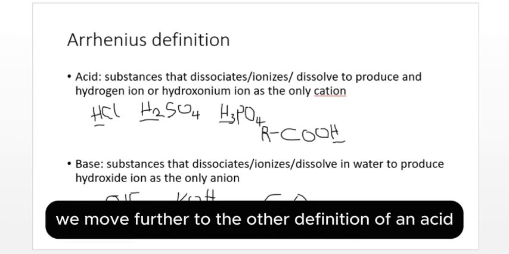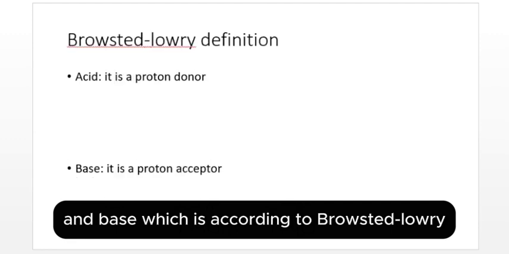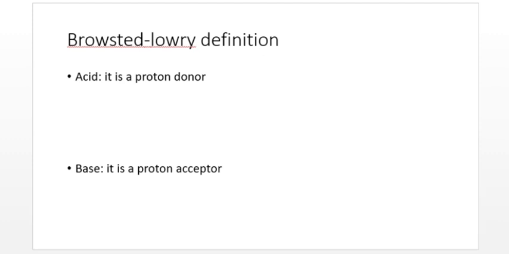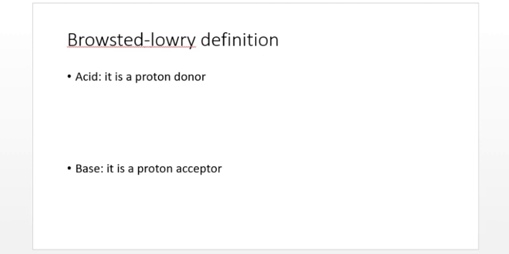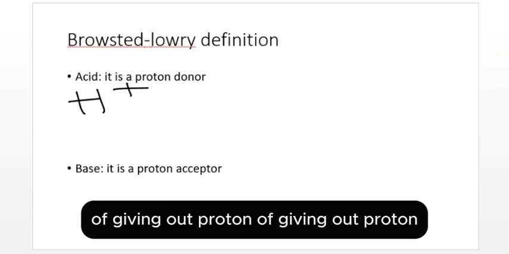Now we move further to the other definition of an acid and base, which is according to Bronsted-Lowry. Bronsted-Lowry defines an acid simply as a proton donor. That is to say, an acid is any substance that has the tendency of giving out a proton.